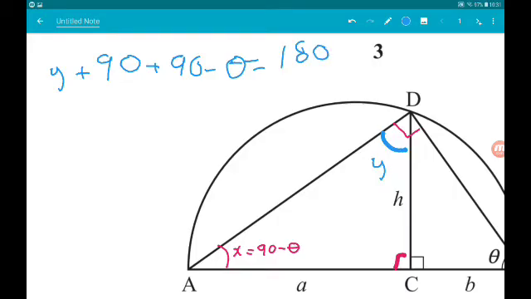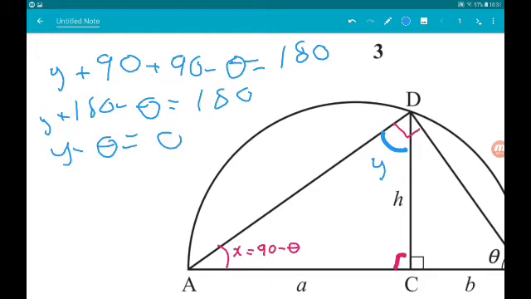Now we are summing the angles in the left-hand triangle. So y add 180 minus theta is equal to 180. Take 180 from both sides. y minus theta is 0. y is theta. Boom.